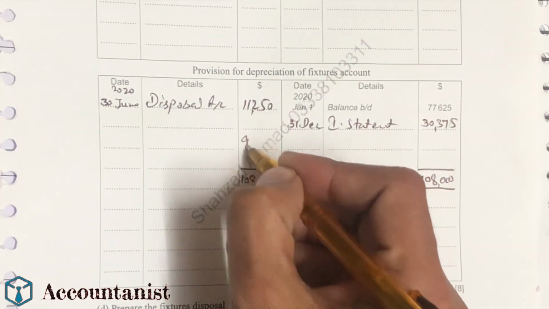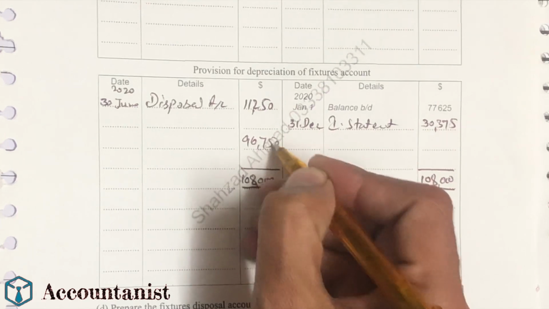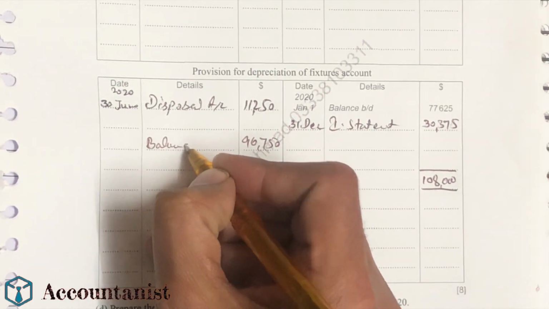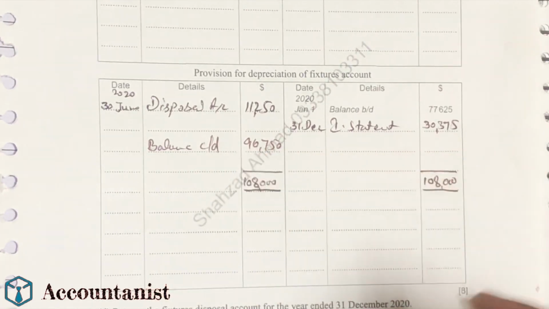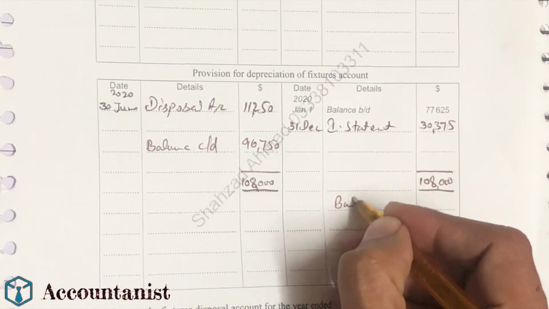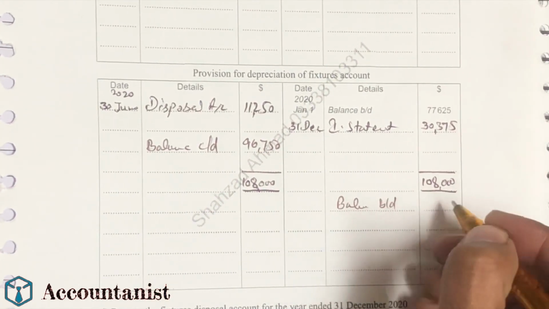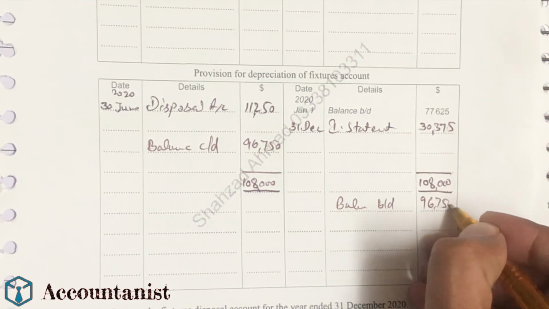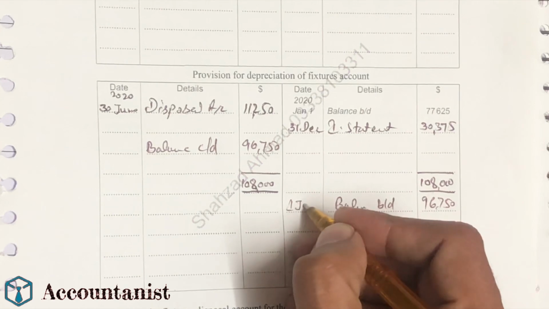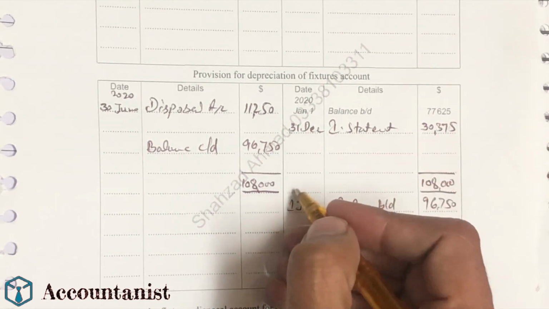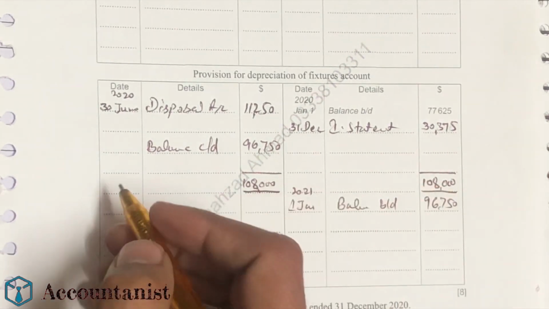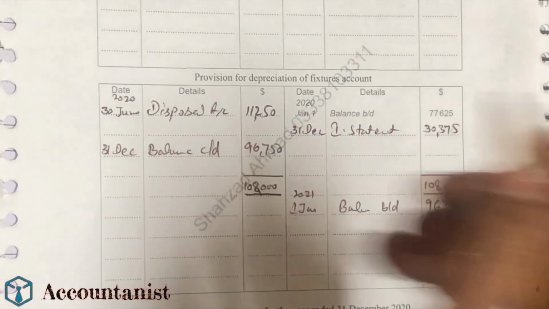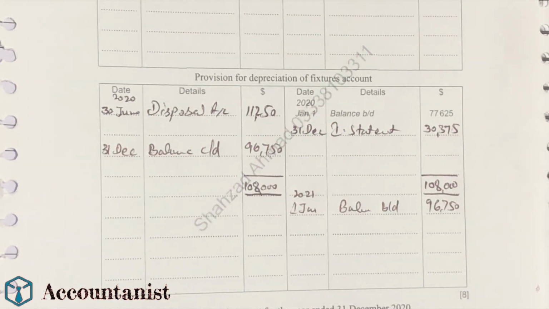So 96,750 is the amount that will be my balance carried down and balance brought down figure. 96,750, with the dates 1st of January 2021 and 31st of December 2020.